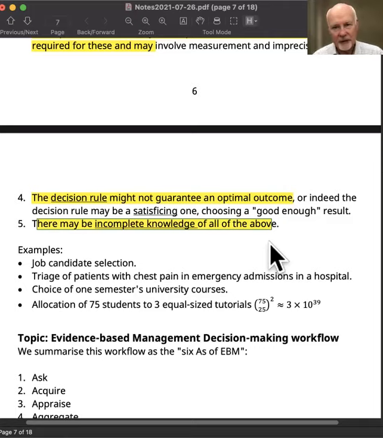The key thing I want you to take away from this is that we should think consciously when we're making decisions about how the decision procedure we use deviates on these points from the ideal. And the objective there is to make sure that we don't get lazy about it and use decision procedures that are very poor when we could afford to use better ones.